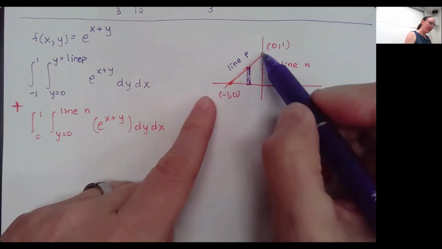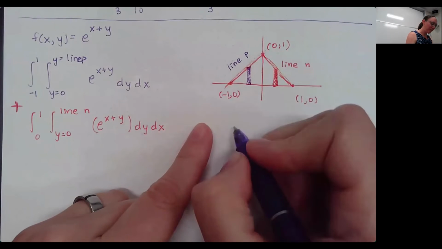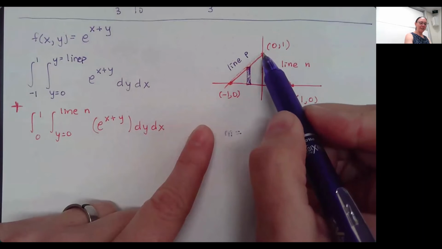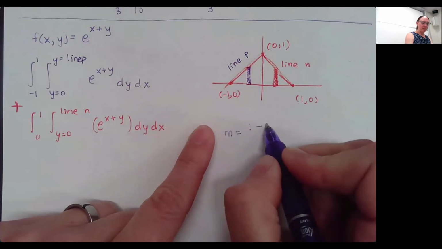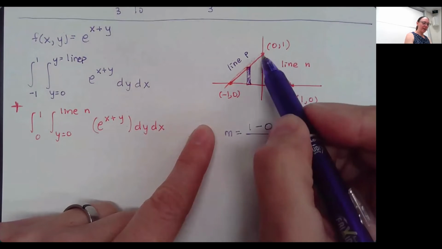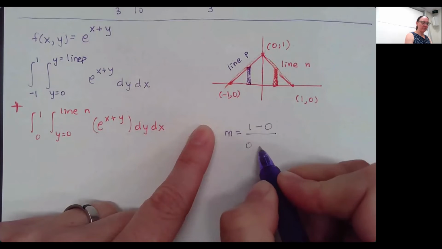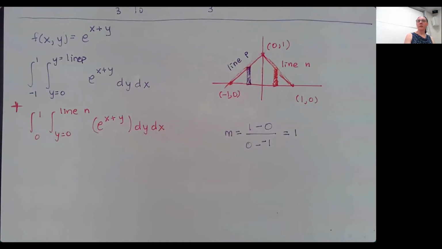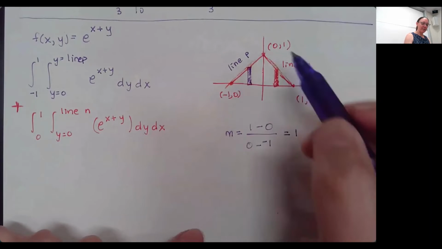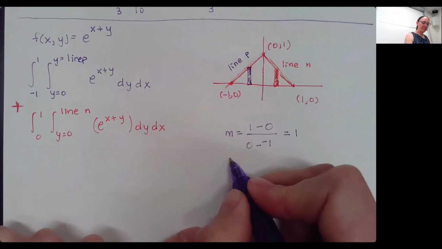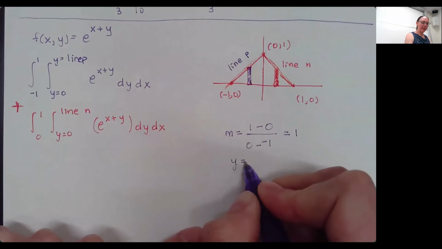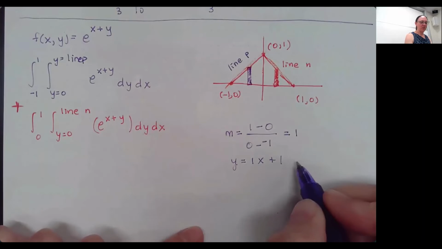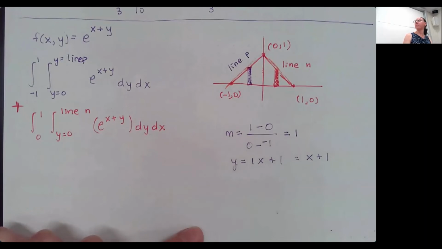So for the line with the positive slope, I'm going to get that slope by doing y2 minus y1 over x2 minus x1. And I'm going to get a slope of 1. I've already got the y-intercept, so I know that that positive slope line is going to look like y equals 1 times x plus 1, or just x plus 1.